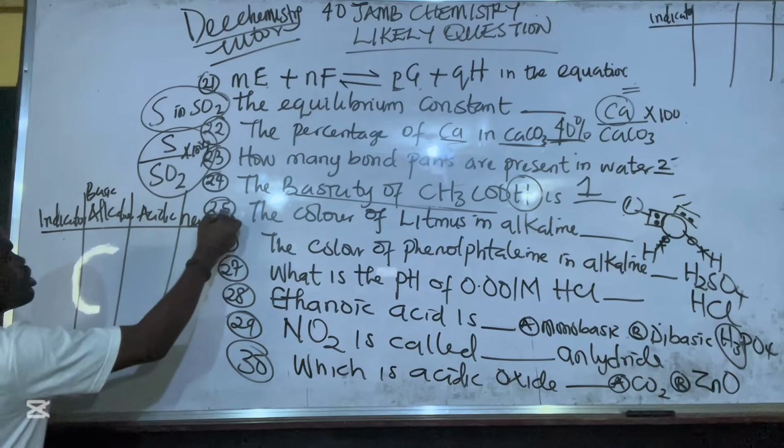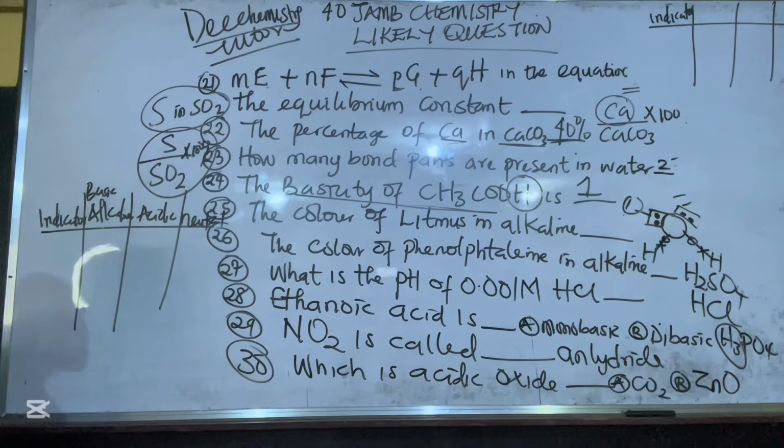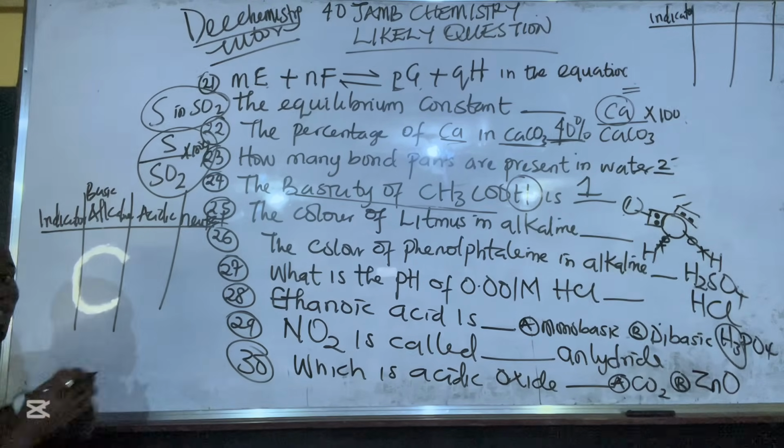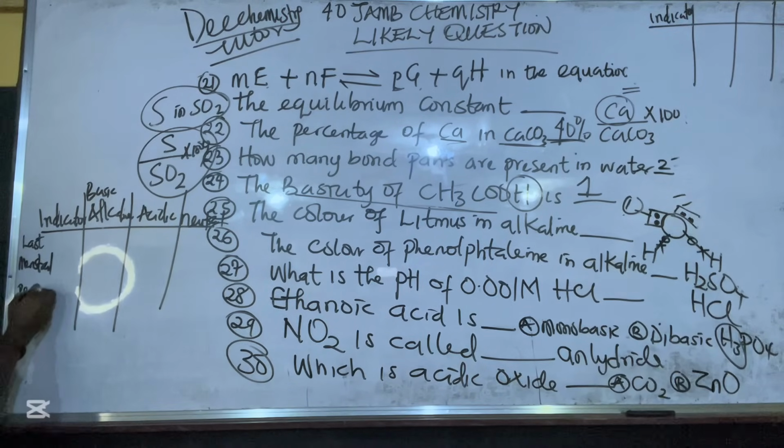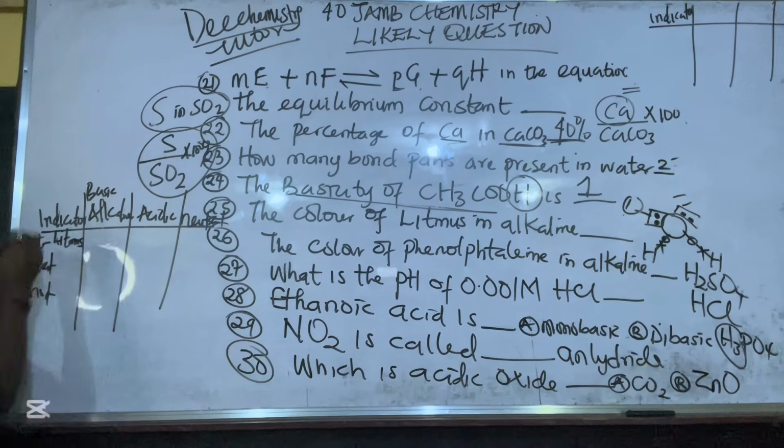Neutral. Now, what are the major indicators? The major indicators, they are not limited to these 3. It is your last menstrual period. What does last menstrual period mean? It means litmus paper, right?